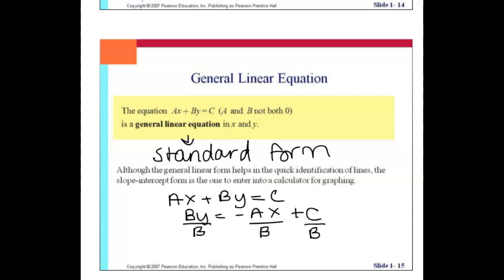So the slope of a line in standard form is always the negative a coefficient over b, and the y-intercept, or the b, is c divided by capital B. So you could look at an equation in standard form and easily know the slope just by going, okay, negative a divided by b.